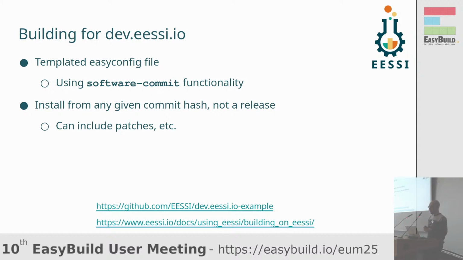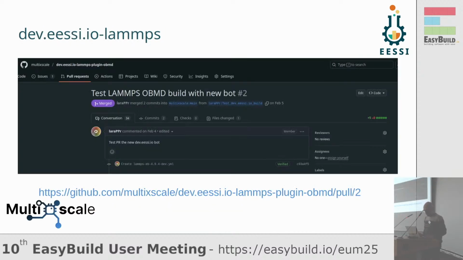We also help them do it when they need it, and then they can choose a commit hash for the particular repository where they are developing their software, and they can include patches and so on and so forth. We can help them even in the context of multi-scale, go a little bit further. For instance, Lara's even developed a nice CI tool that makes a patch automatically, and that's really neat. So that's how we try to help them in this process.